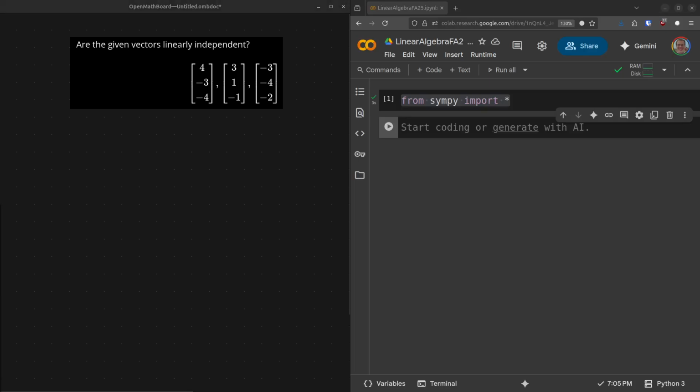Let's take a look at another. This time we have vectors in three-dimensional space. We want to determine if this set of vectors are linearly independent. So same idea.